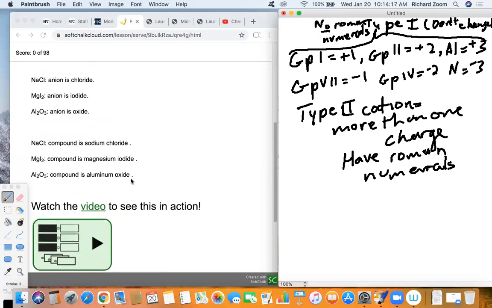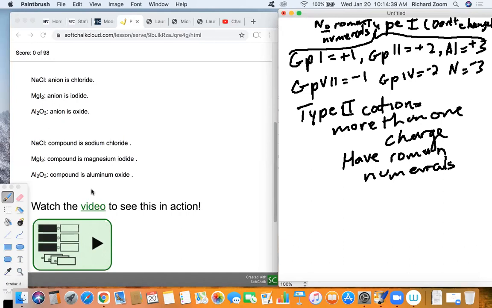Now, you might be looking at that name and think, well, how would you know that there were two aluminums there if we were to take this name and write it back as a formula? Well, all of what we do here is really predicated on one thing, and that is that the positives and the negatives always even out.